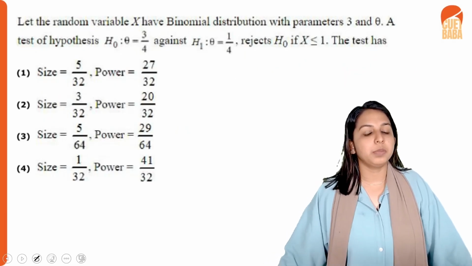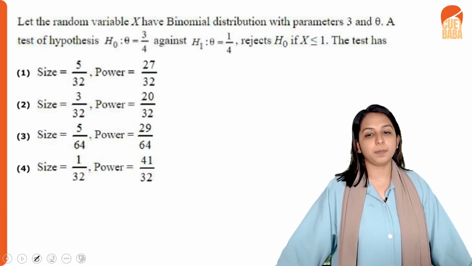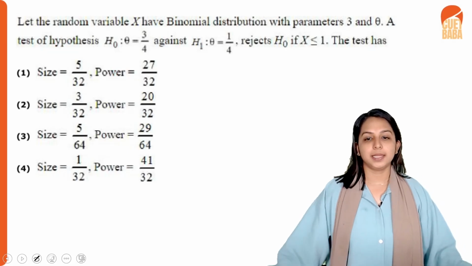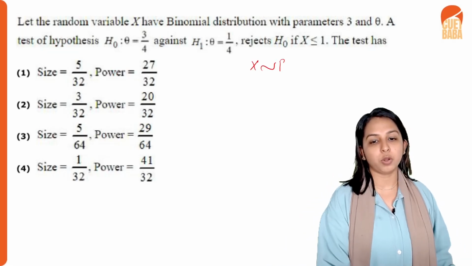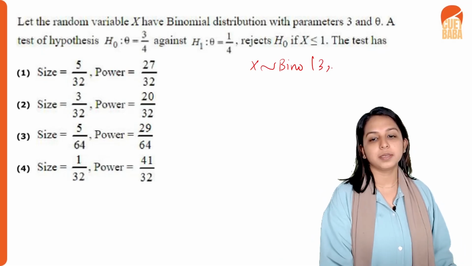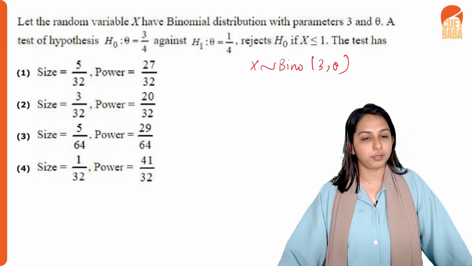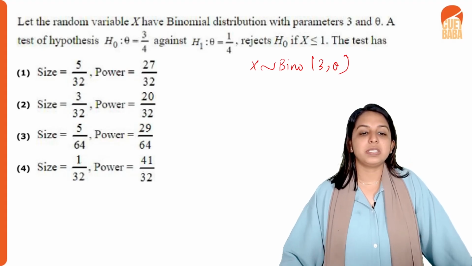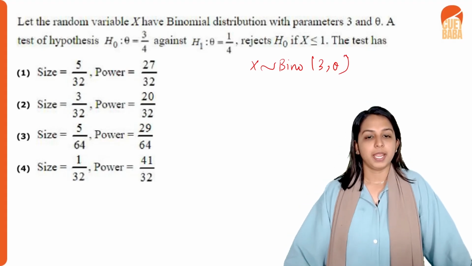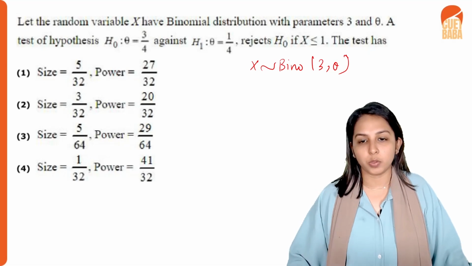Let the random variable X have binomial distribution with the parameter 3 and θ, that is X is going to follow binomial distribution (3, θ). A test of hypothesis H0 such that θ = 3/4 against H1 such that θ = 1/4, and we reject H0 if X is less than or equal to 1.